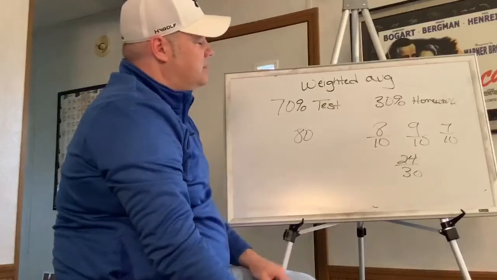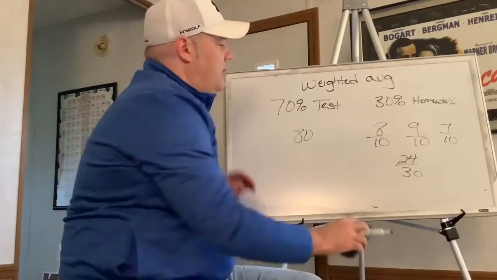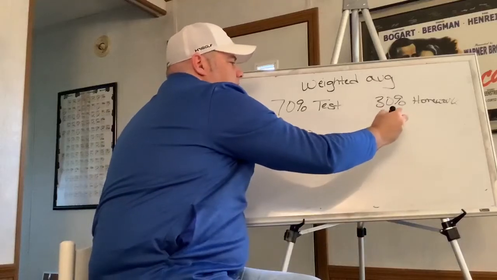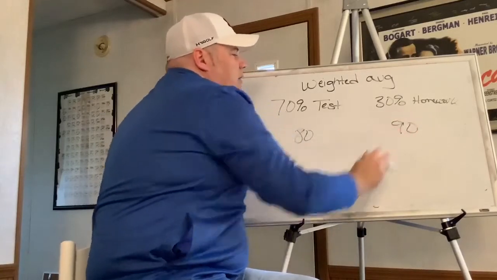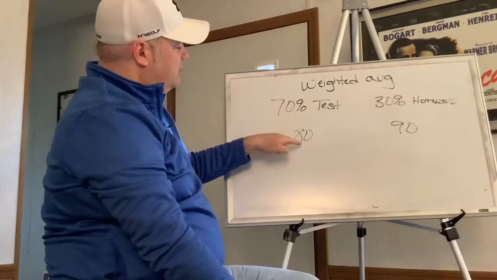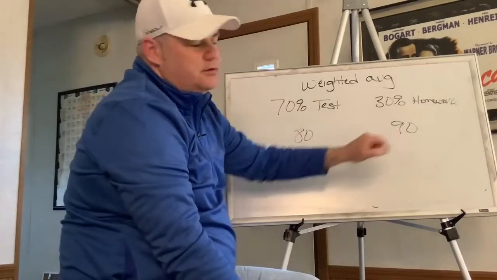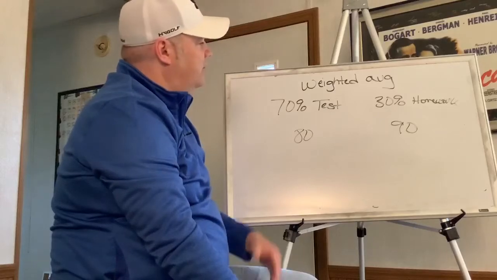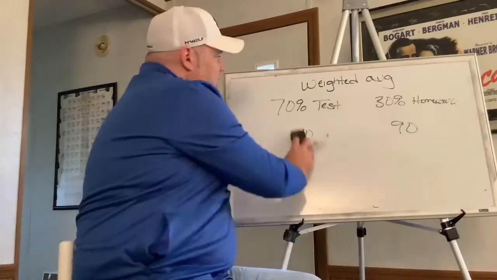That's going to be an 80% as well. And let's say you scored 90 on all your homework, then go through multiplying it times 0.7 and multiplying the test average times 0.3. So that gives you an idea how to do that for your weighted grade.